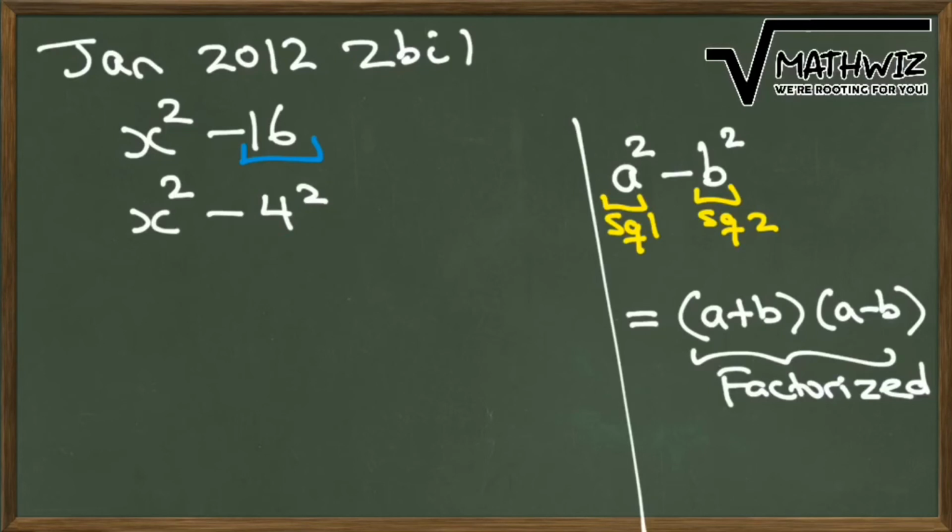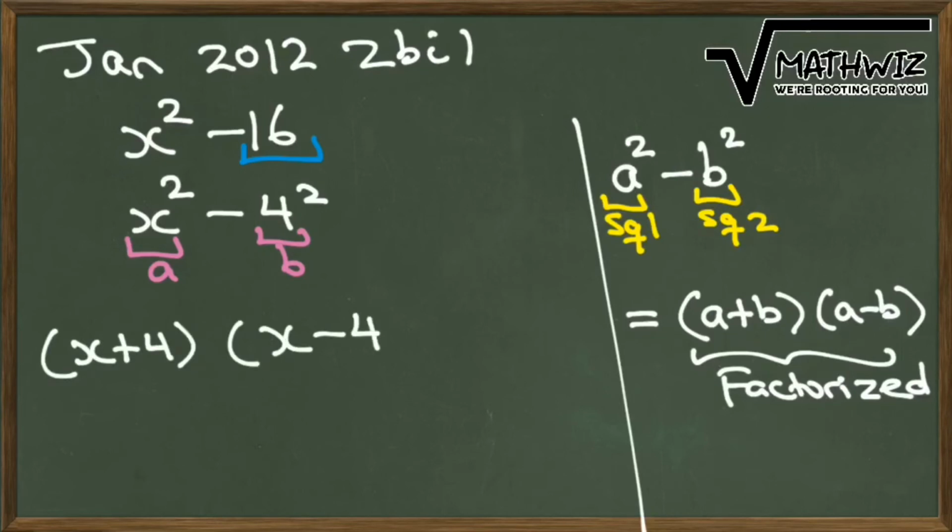Now I have a squared minus b squared. So I'm going to have a plus b, a minus b.